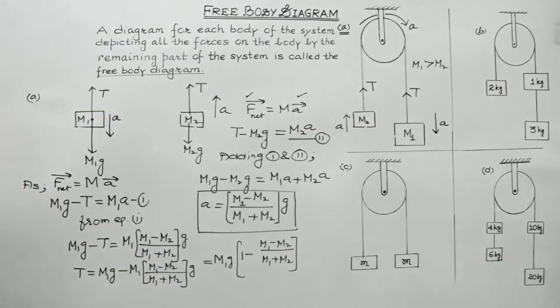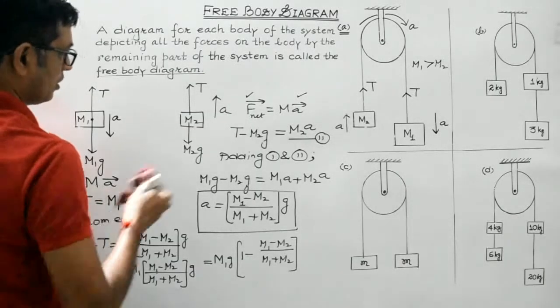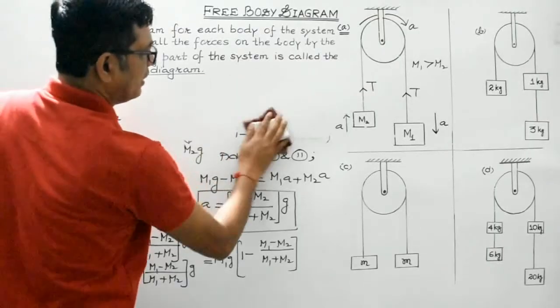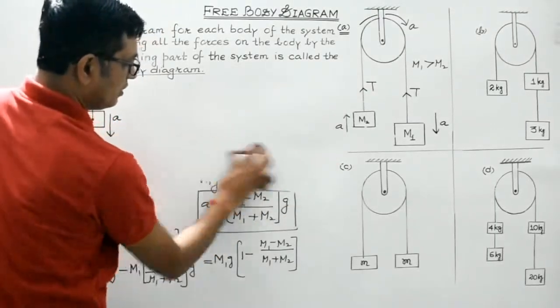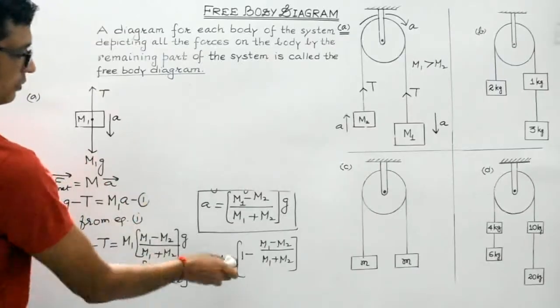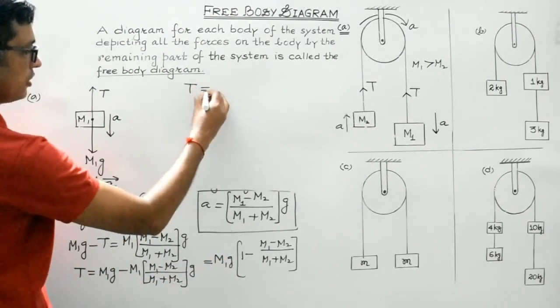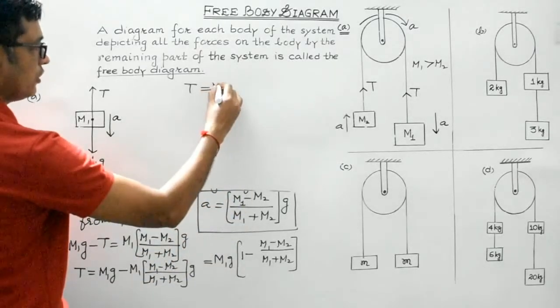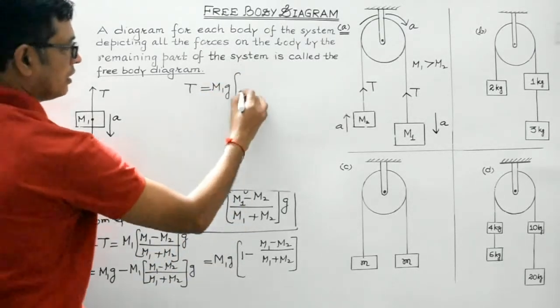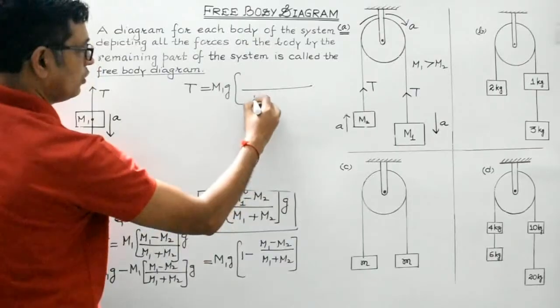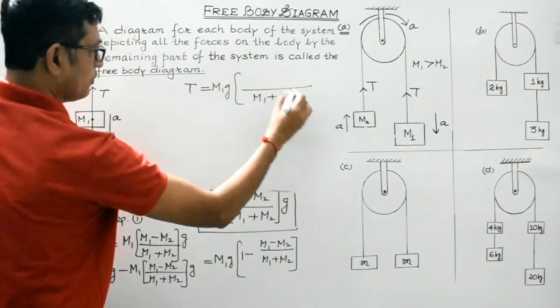Clear, students? So if you solve further, simply try to rearrange the terms. Let's see what we get. So tension, I'm writing it over here. Tension would be equal to M1g, LCM is M1 plus M2.